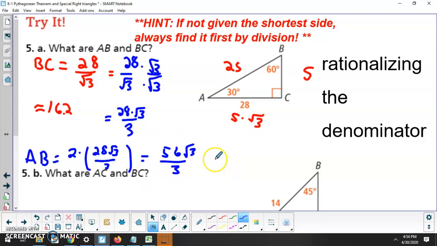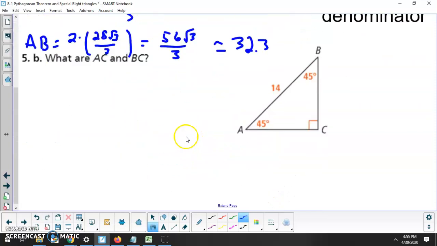And if you found the decimal approximation yesterday, it would be 32.3. So hopefully you can see both ways represent your answer there.